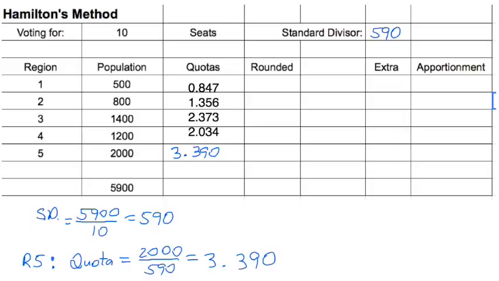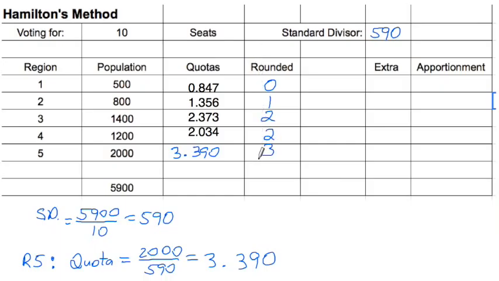Now, when they round, Hamilton at least, and most of them, round down. It's not just a regular old rounding. So this 0.847 rounded down is actually 0. 1.356 is going to give you 1. The 2 is just going to give you the 2. The 2 is going to give you the 2. And the 3 gives you a 3.